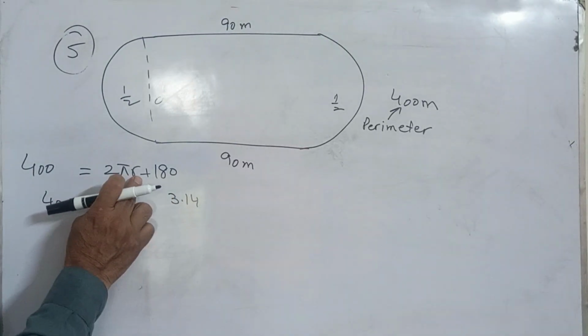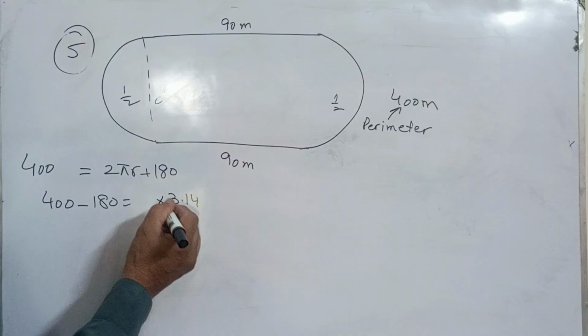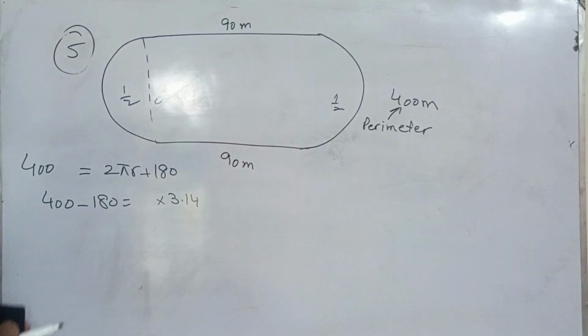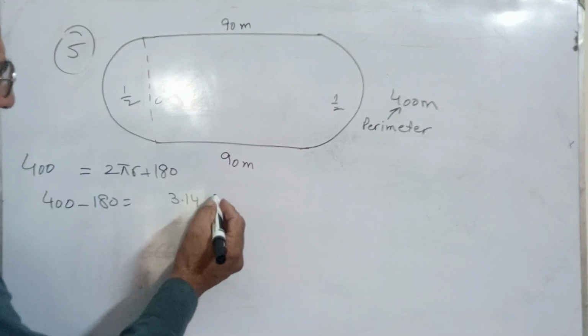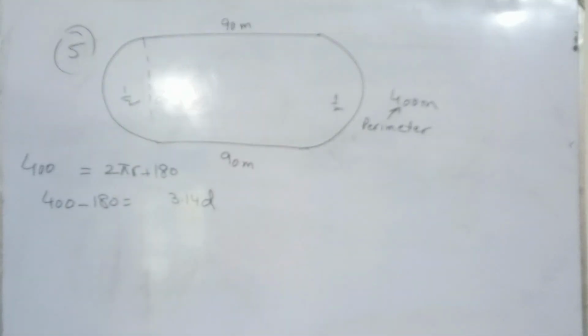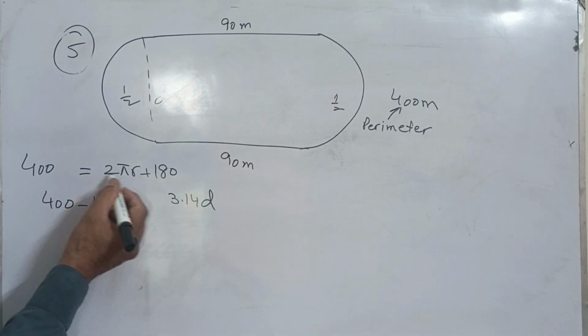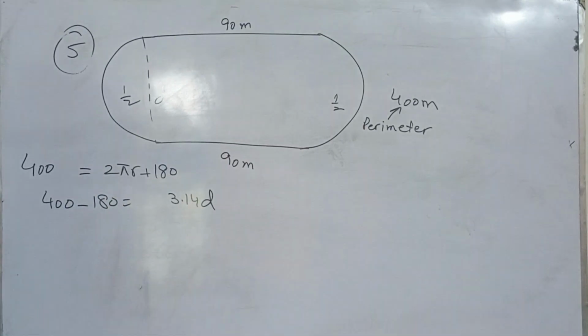This is 2r, so it is d. You write it here, wherever you want to. 2r has been converted into d.